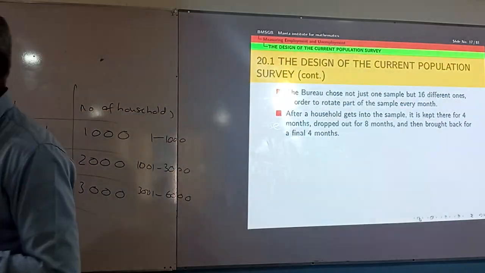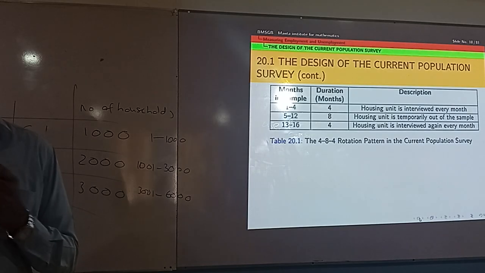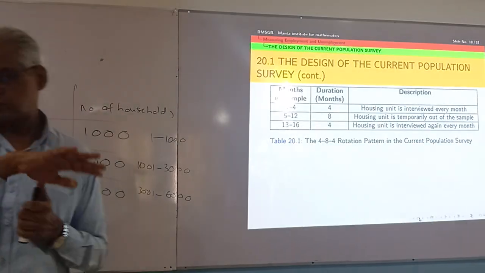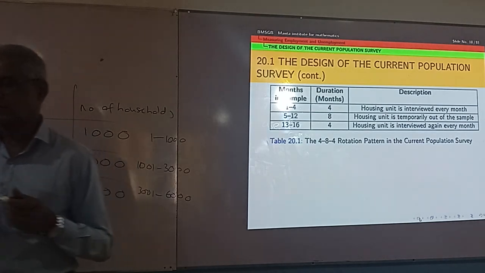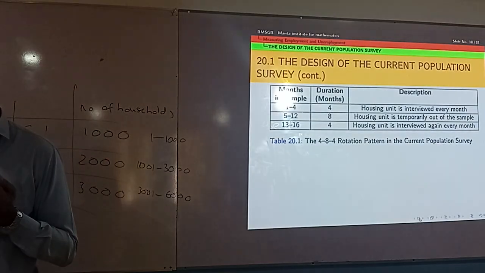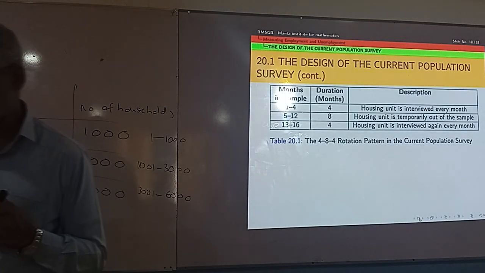Right. Once a household is selected from one list, a housing unit is interviewed every month for the first 4 months, and the next 8 months in that year it is temporarily out of the sample, they are not going to be interviewed, and then again for 4 months it will be interviewed.